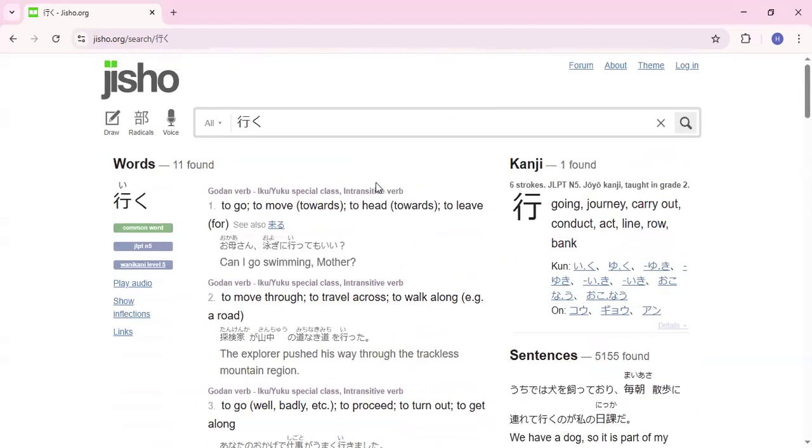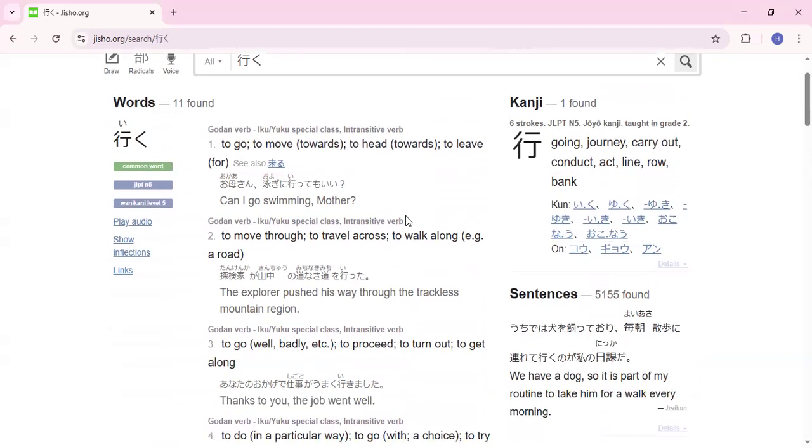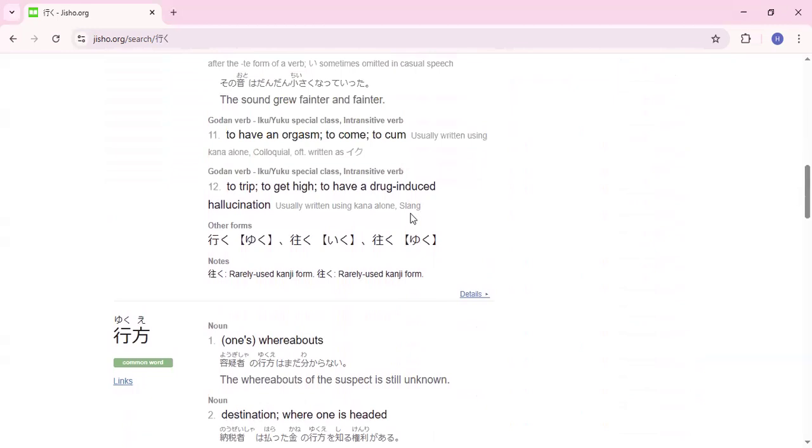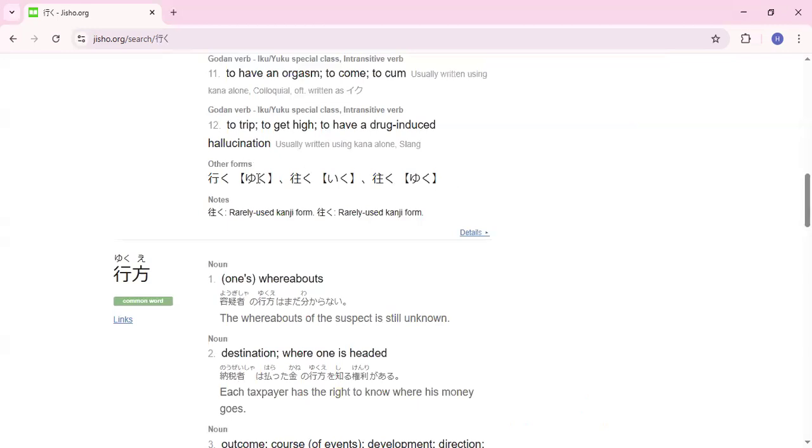So what is it called? Not casual language, colloquial, right? Spoken language. And it's usually written using kana, in kana alone, in katakana even. And here, the rarely used kanji form, they show you here as well, so it can be like this, other forms.